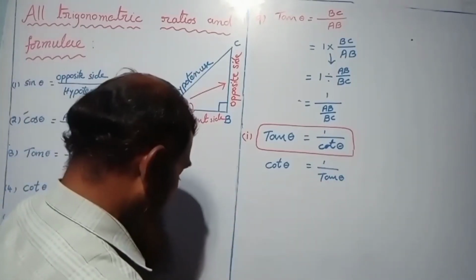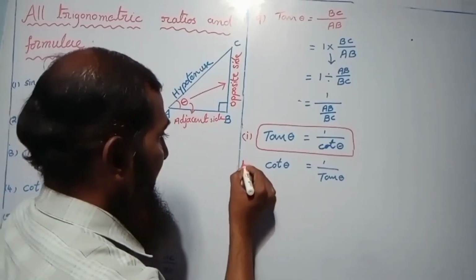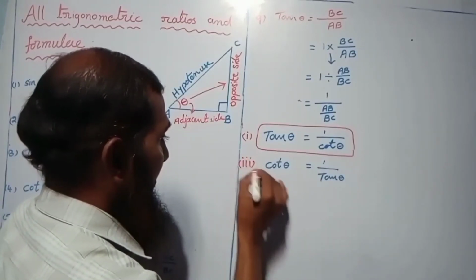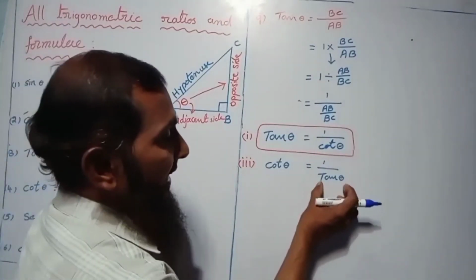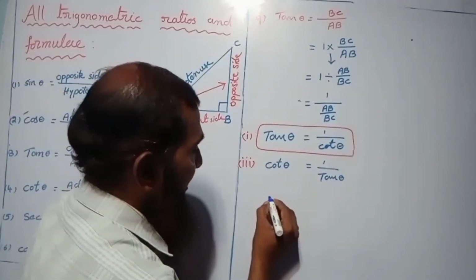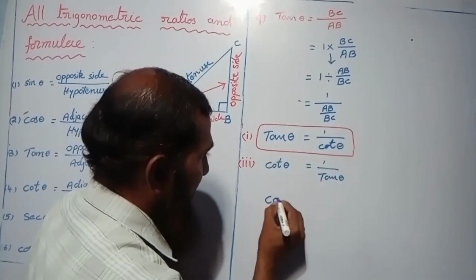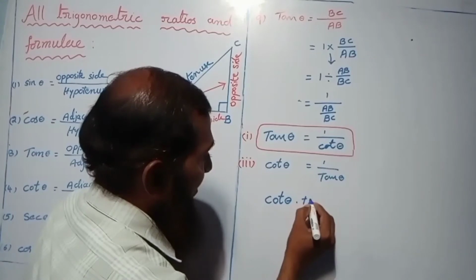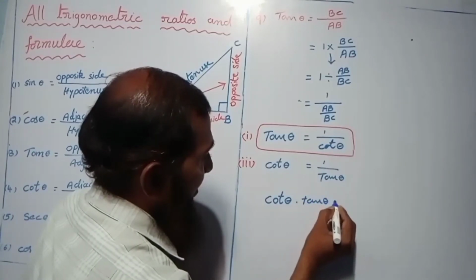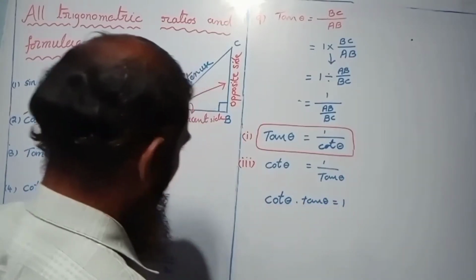And also similarly, if I transpose tan theta to the RHS, then we should get one more formula, that is cot theta into tan theta is equal to 1.